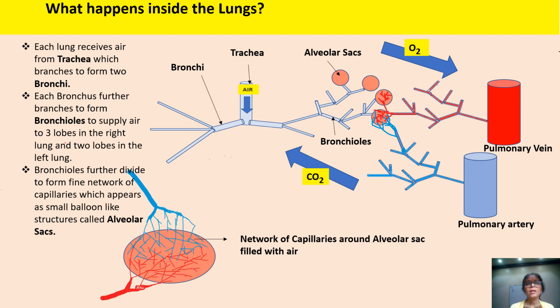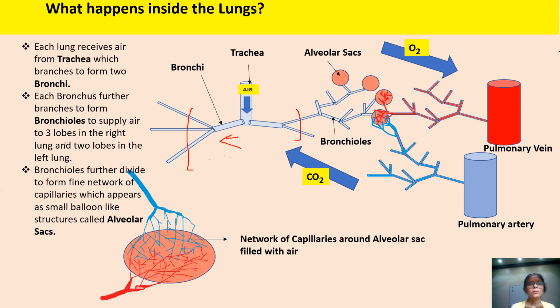Each lung receives air from the trachea. The trachea branches into 2 tubes, one for each side of the lung, which are known as bronchi. Bronchus is the singular. The bronchi further divide into 3 tubes on the right side, which are known as bronchioles, and 2 on the left side, depending on the number of lobes in each lung.